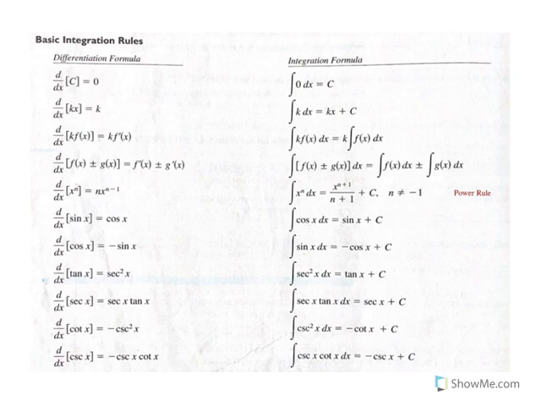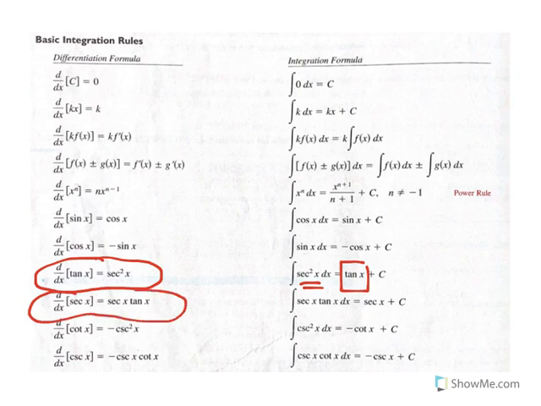As we look at our examples today, you also want to remember some basic integration rules that correspond to differentiation formulas. For example, the derivative of tangent x with respect to x is secant squared x. So if you have the indefinite integral of secant squared x dx, the antiderivative would be tangent x.